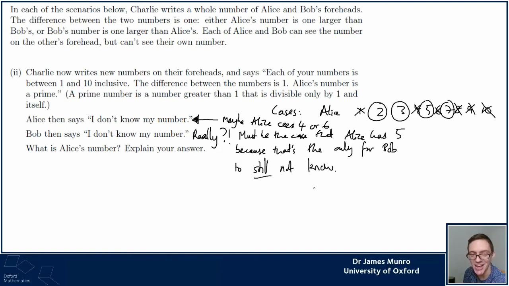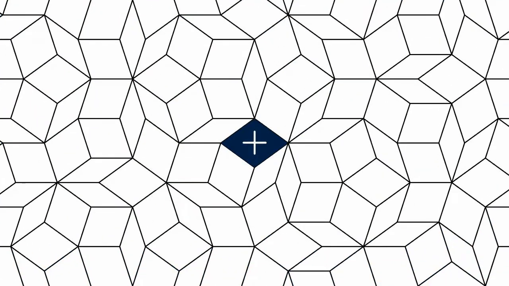I really can't stress how much work Alice did here, and how much Alice narrowed down the possibilities to just basically telling Bob you've got a 4 or a 6 written on your head, and Bob looks blankly back at Alice and still doesn't know what number Bob's got on his head. And the only way Bob can still be confused with all of this information is for Alice to have a 5.